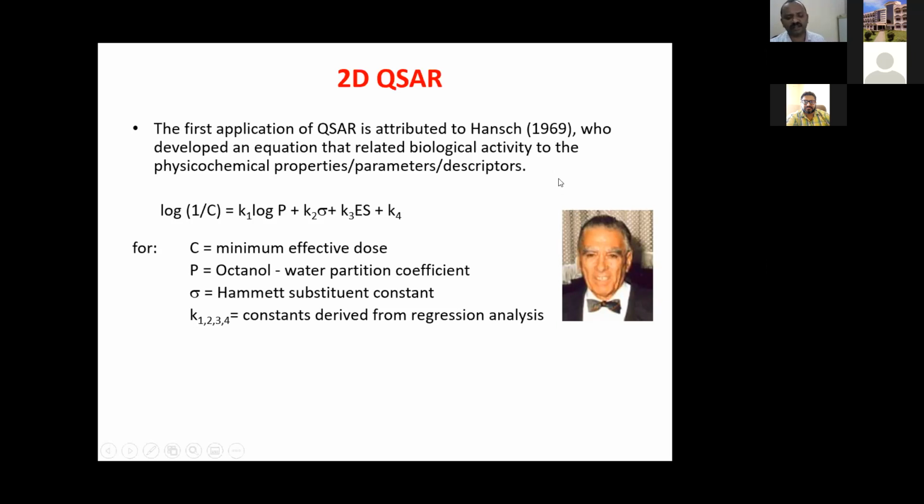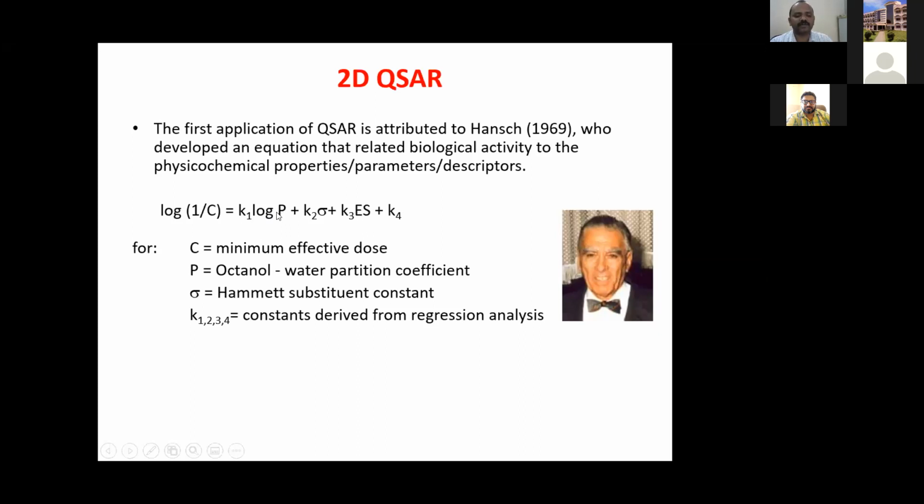Okay, so in the 1960s he starts working on that, and finally in 1969 he comes up with an equation, for example like this: log of 1 by C, where C is the minimum effective dose. So it is a function of its physicochemical parameters.